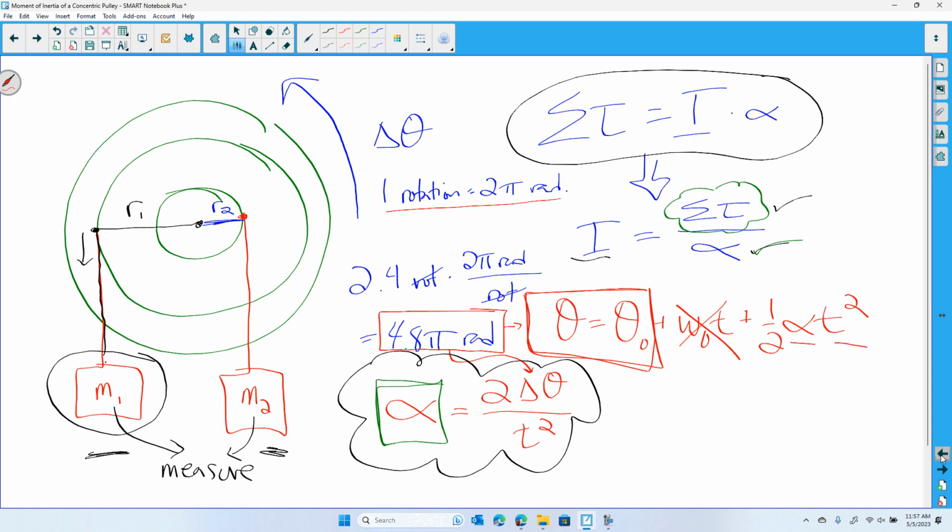If the initial angular velocity is 0, because this thing starts at rest, then we have a relatively simple equation we can use. We just double the angular displacement, divide by time squared, and that will be alpha, the angular acceleration. That will tell us how quickly this rotating object's speed is changing in radians per second squared.